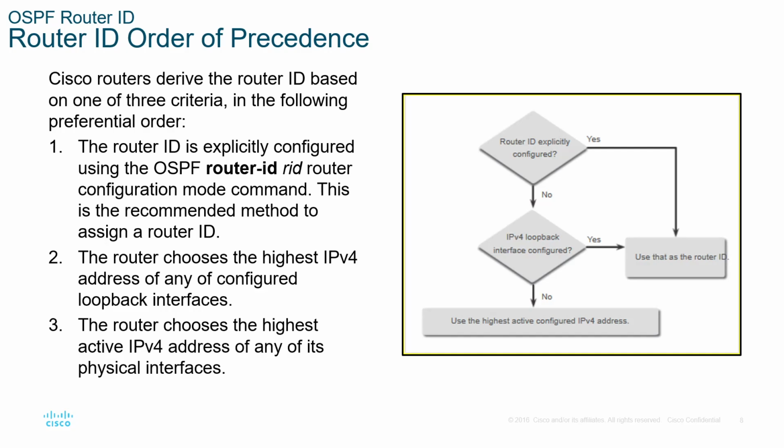Job's done. Okay? So if you have a router with two interfaces, loopback interface 192.0.1 and a physical interface FastEthernet 0/1 10.0.0.1, and you don't assign the router ID, the router will just look at the loopback, get the IPv4 address of the loopback, and assign it as the router ID. Is that clear?